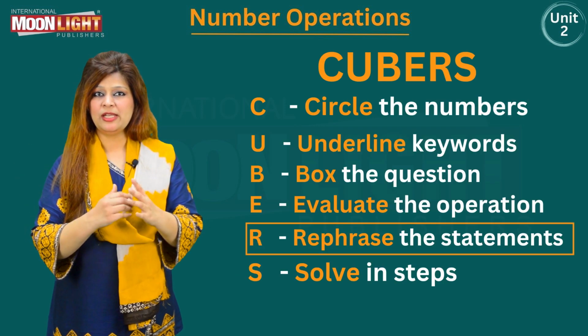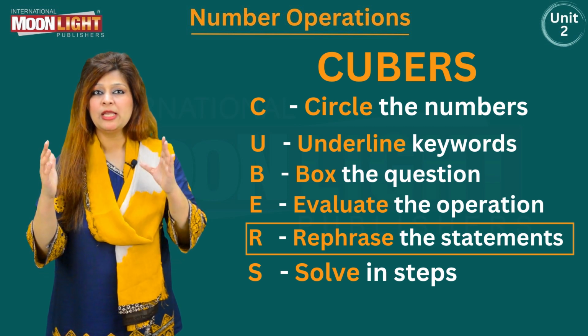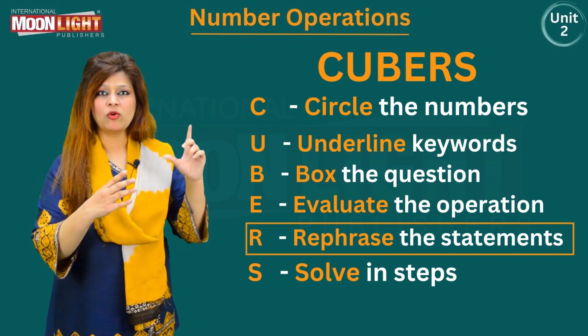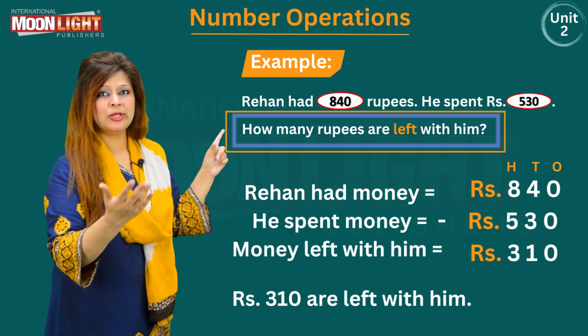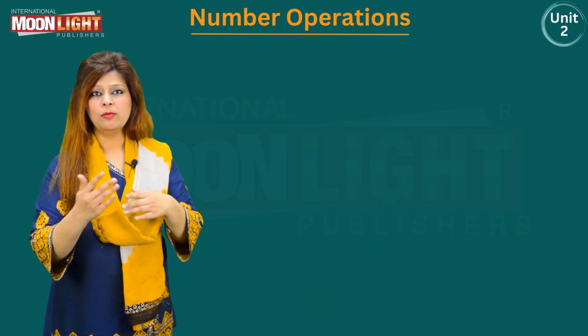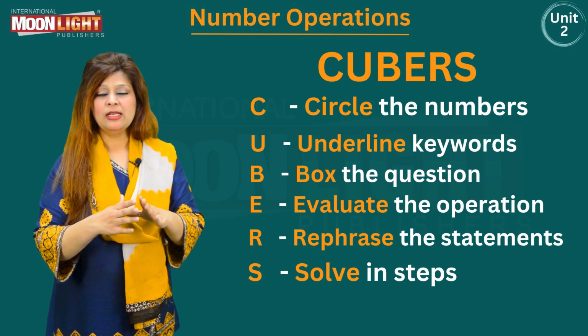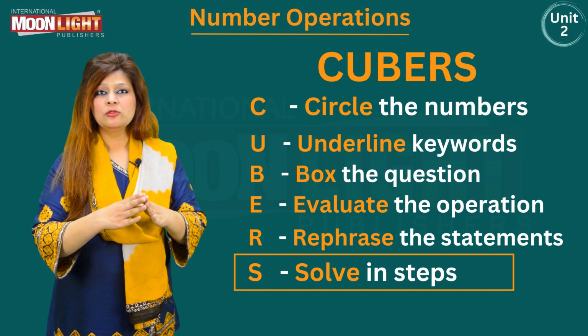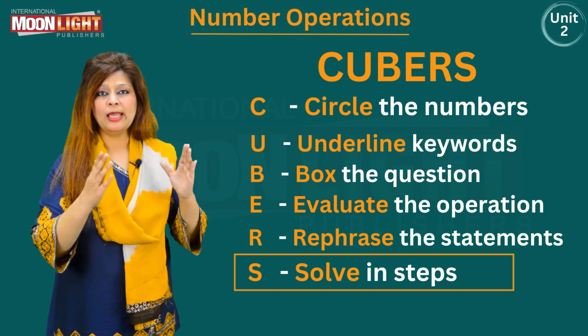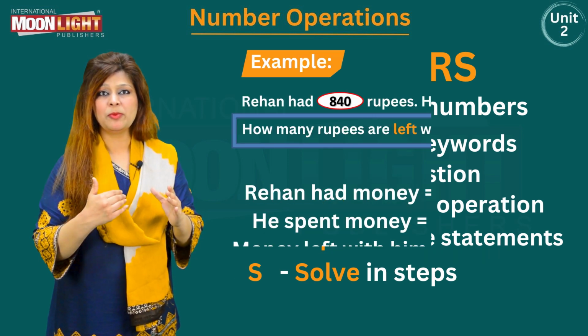I'm going to rephrase the statements from the whole question, or you can say the complete word problem or real life situation. Then the next step will be S, which means solving steps. So I am going to solve this word problem step by step.